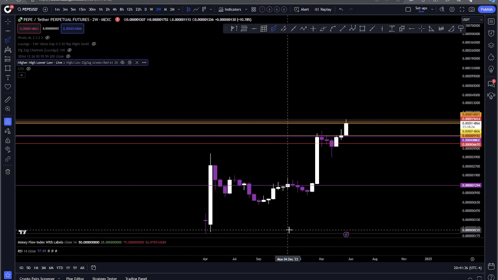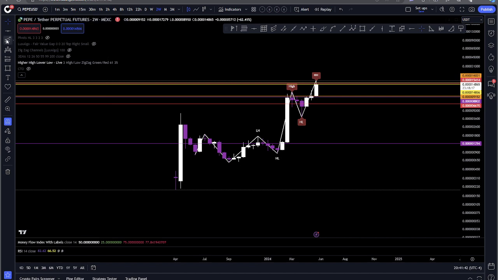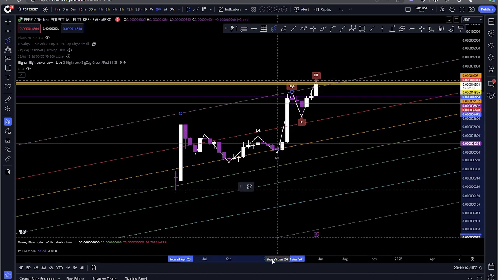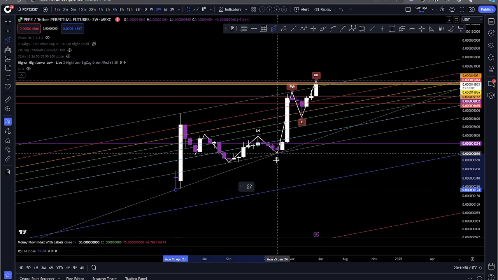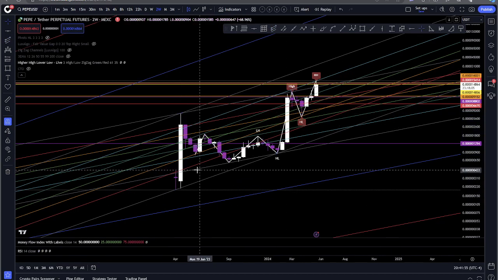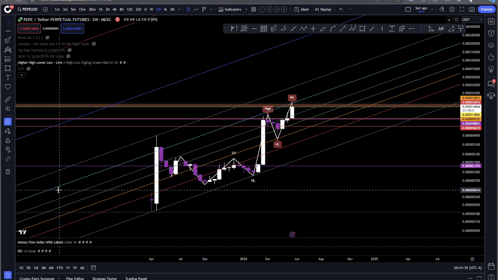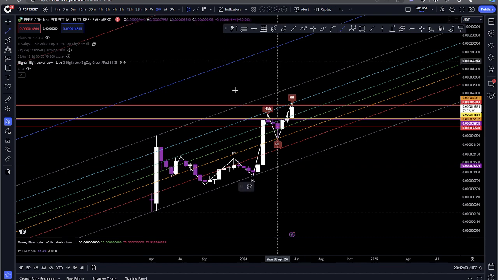I'm gonna set my fib channel here, and then just throw it up with key highs, key lows being hit to understand the possible flow. Okay, I like this. So this could be a key resistance zone.